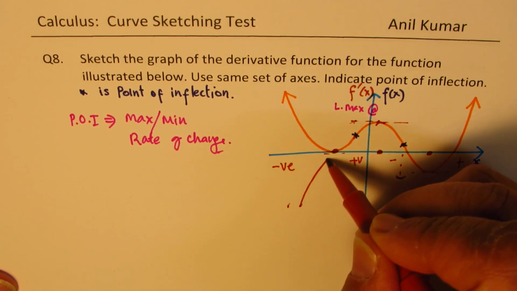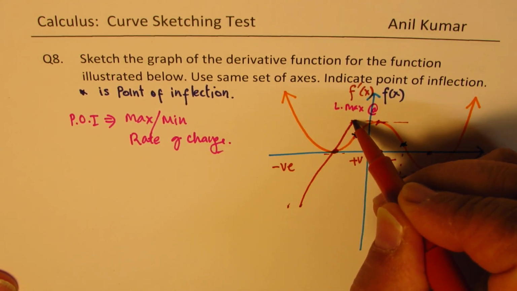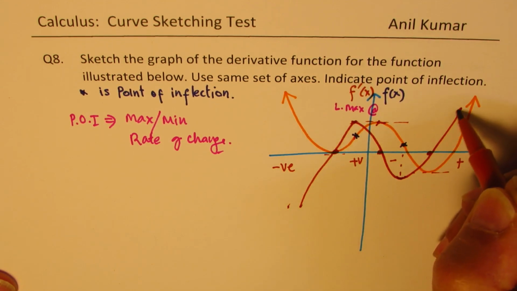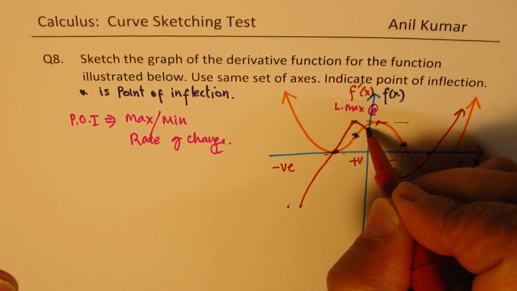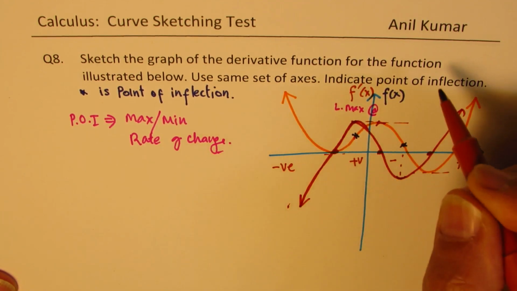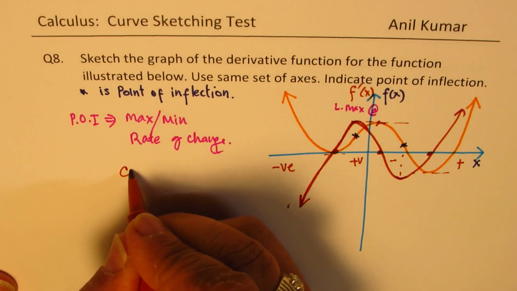So we'll go like this, kind of, right? I mean, so it turns again, goes through the zero. Right? Do you see that? Well, it has to be a smooth curve. Correct? So it's like a cubic function.